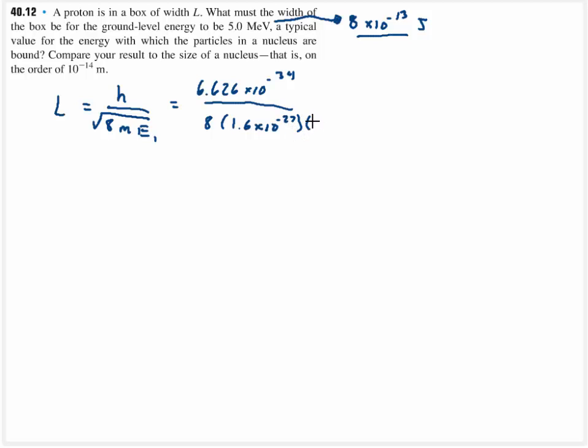And then we're going to have the energy, so 8 times 10 to the minus 13th. And I did forget my little square sign on this side, so go ahead and put that guy in. And this box is going to be about 6.4 times 10 to the minus 15th meters, which is actually about the size of a nucleus, and so that's kind of a good thing.